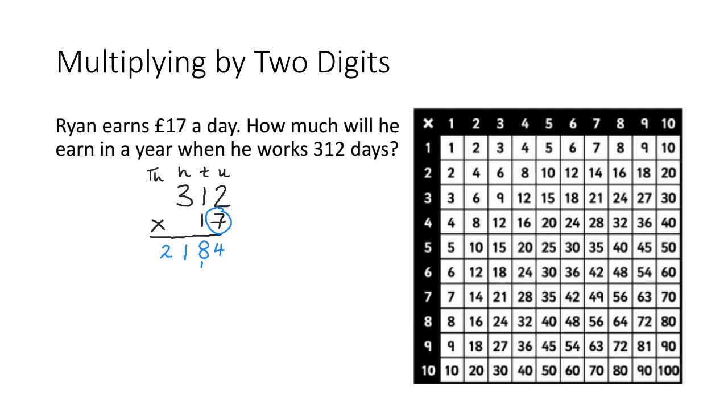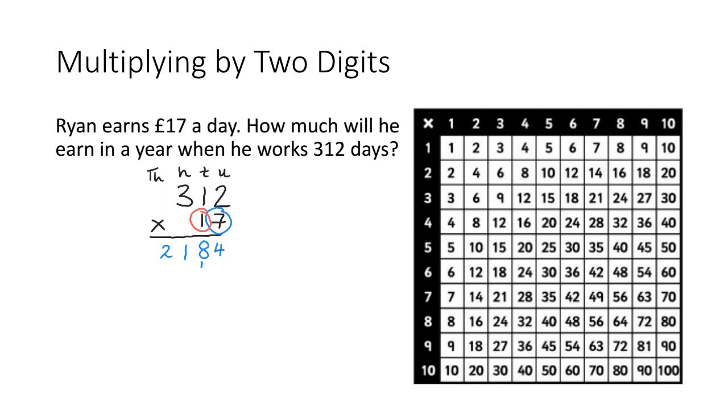The next thing that I need to deal with is this 1. Now, the reason that we write it out this way, and the reason that we include the place values, is because now we can see that the 1 falls in the tens column. So really what we're going to be doing is multiplying by 10.